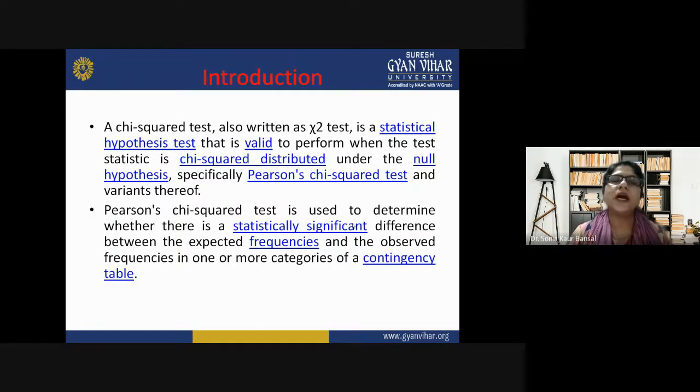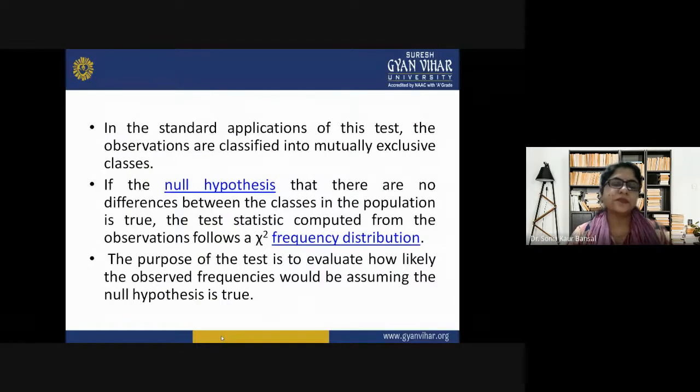So if we have two frequency tables and want to determine whether there is any statistically significant difference between the expected frequencies or not, this is how it is done, in one or more categories of a contingency table. Let's understand it in a more elaborate way.